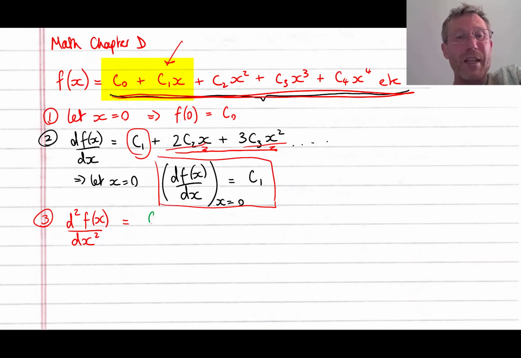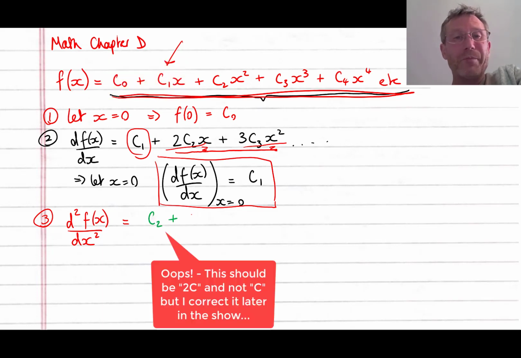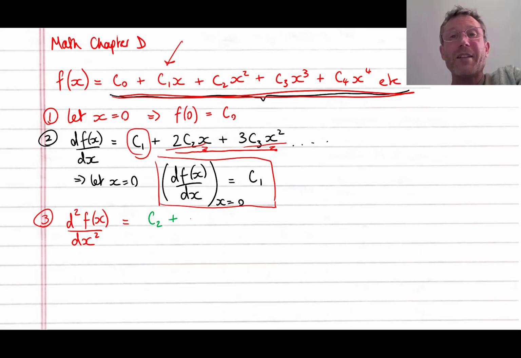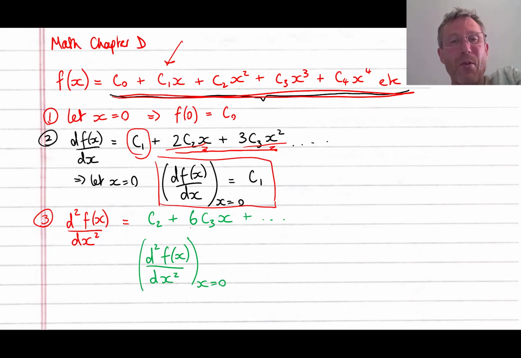So what we're left with is C2 plus, from the first derivative 3C3x squared, which becomes 6C3x, plus etc., etc. The key again is that when we consider the second derivative at x equal to 0, all the rest of this stuff goes to 0, and we're left with simply the C2 term.